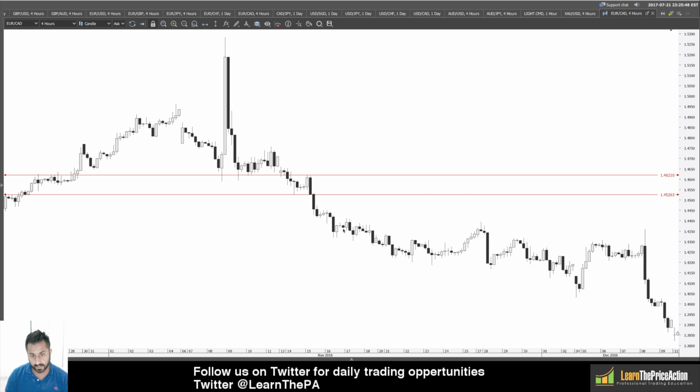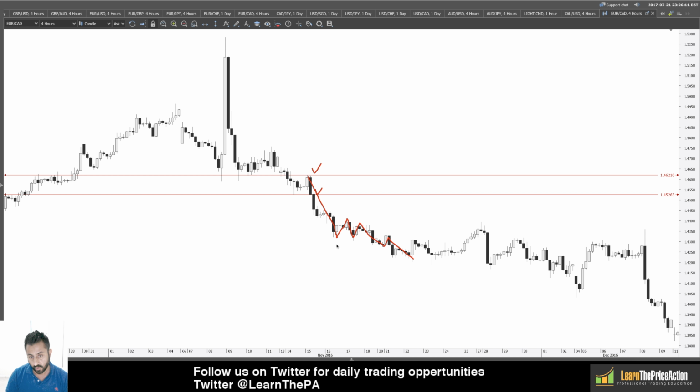Okay, but these two lines, they're still valid. They haven't been breached. So market came down, came back up, and then came down, and then came back up, and then it came down. Okay, and then came back up, and then came down.